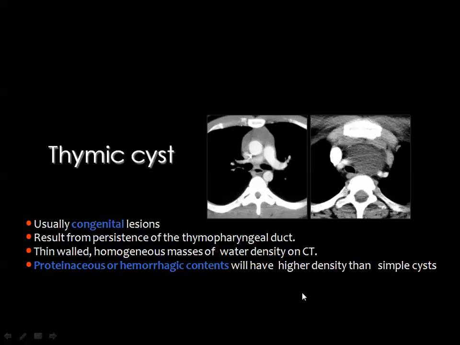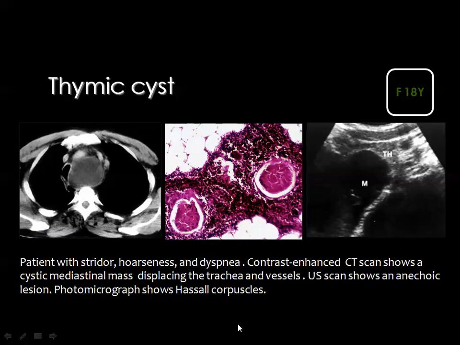And the thymic cyst is a congenital lesion, and it may result from persistence of the thymopharyngeal duct. The cyst will have the typical cyst criteria with clear water content and paper thin wall. However, some proteinaceous or hemorrhagic contents will increase the density of the cyst and also change the signal intensity of the thymic cyst.